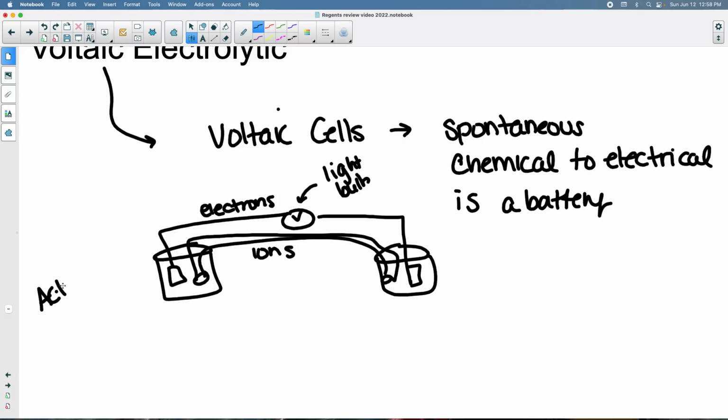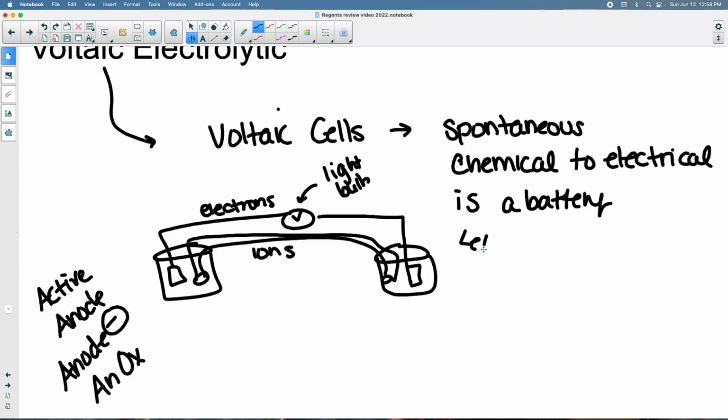Remember, we're going to have the active anode, anode negative, and anode oxidation. The less active metal on Table J will be the cathode.